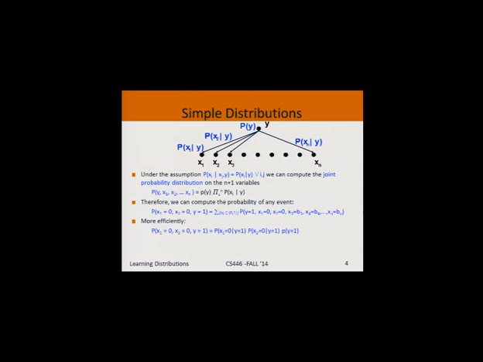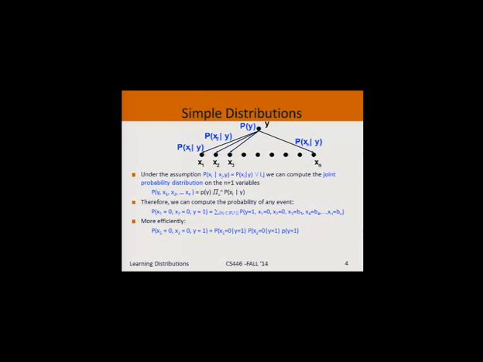I know that the probability of this event can be computed as P of x1 being 0 given y, P of x2 given y, P of y. Everyone agrees with that? Just write this down, use the product rule and the independence assumption, which is written here, and you will get it. This should be kind of a 2-line proof.